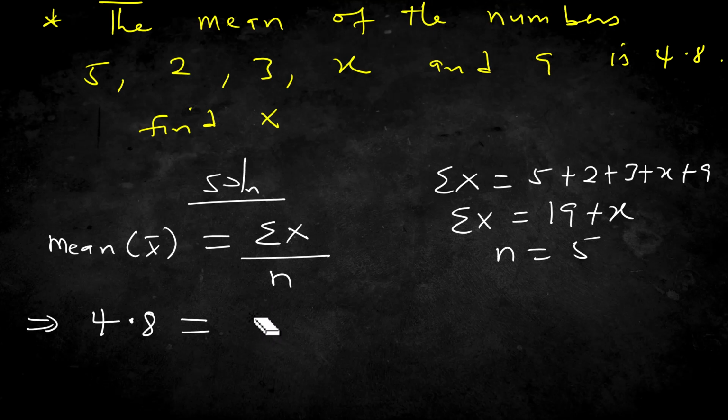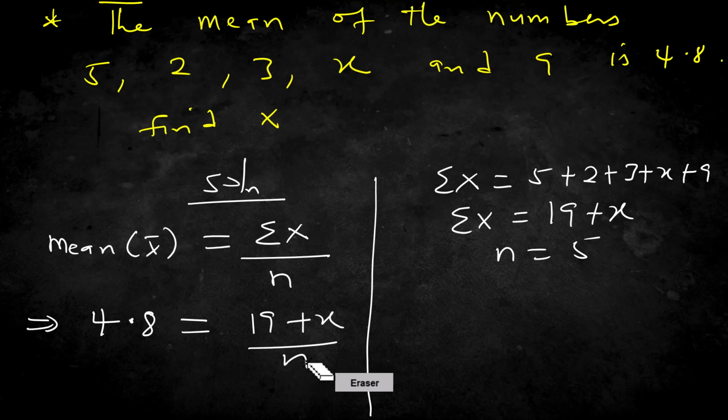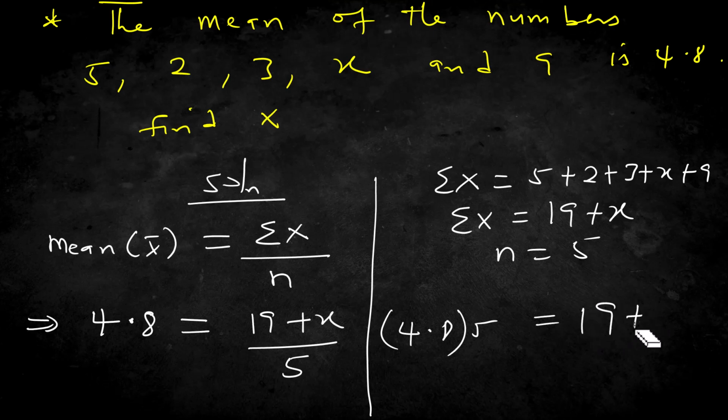So we have 19 plus x over n equals 4.8. Multiplying by n, which is 5, we have 4.8 times 5 equals 19 plus x.